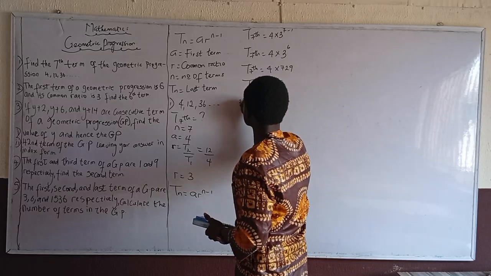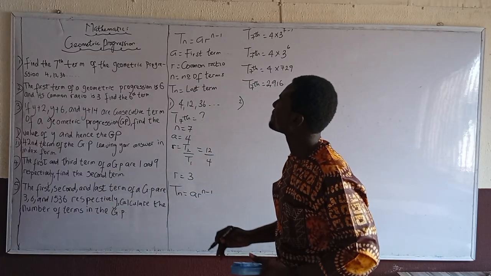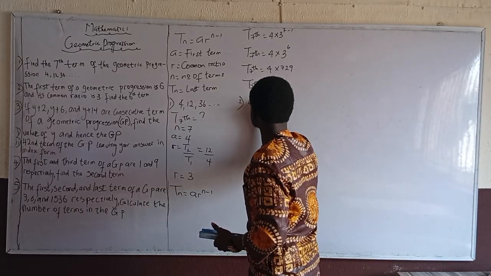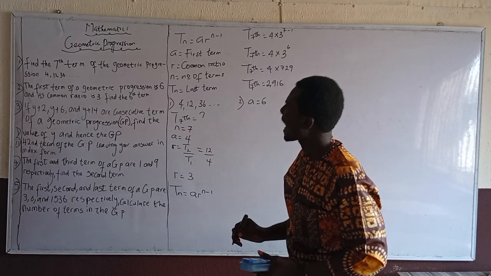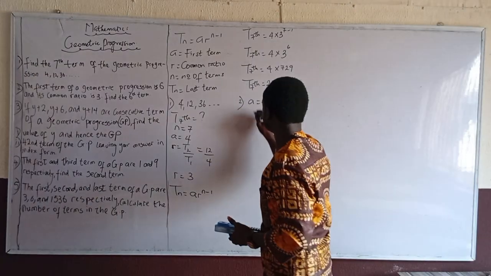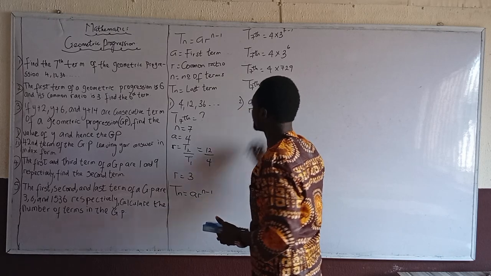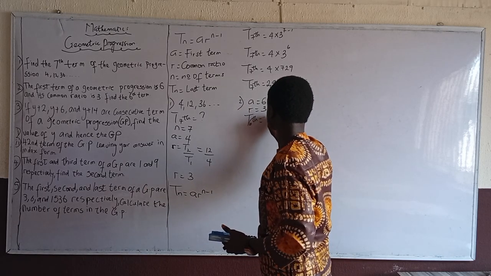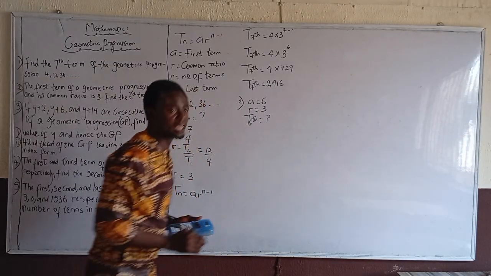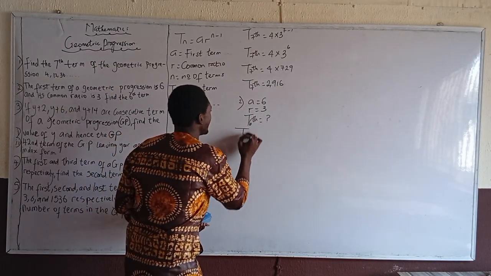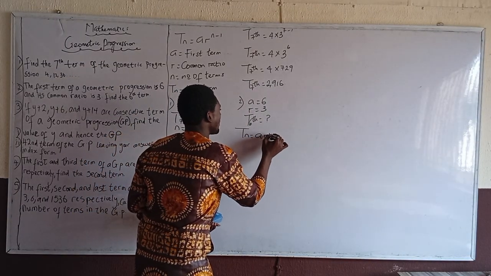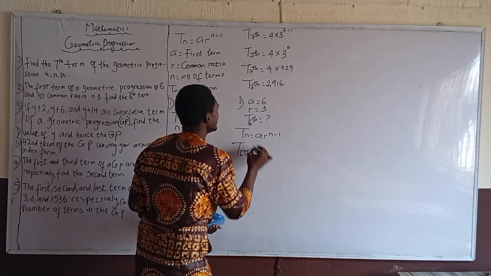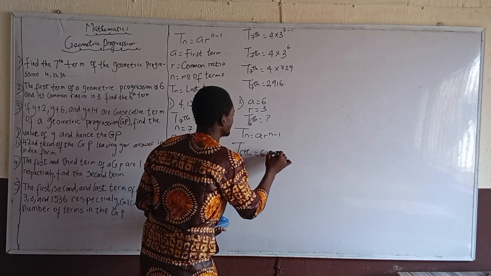Now question 2. The first term of a GP is 6, and its common ratio is 3. My R is 3. Find the sixth term. I'm looking for T6. Now in this case, my Tn is AR raised to n minus 1. So my T6 is 6 times 3 raised to n minus 1.